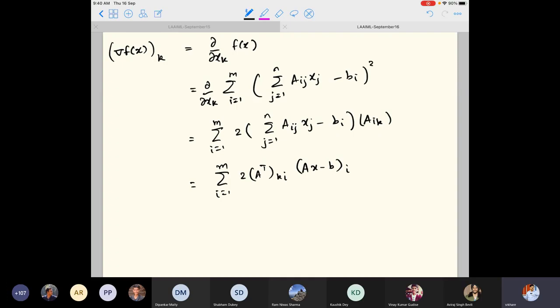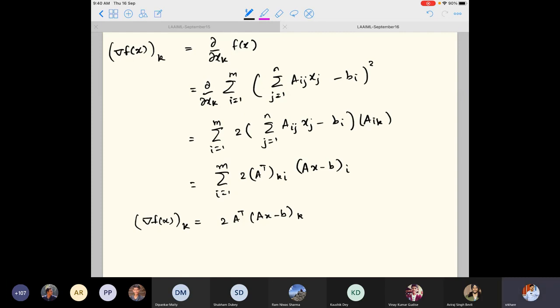The reason to write it in terms of A transpose is that this summation i from 1 to m can also be written together in this form: 2 A transpose (Ax minus b), and the kth element of that. So the kth element of the gradient of f(x) is basically this.